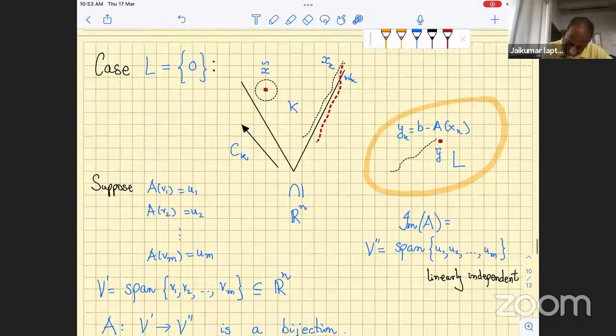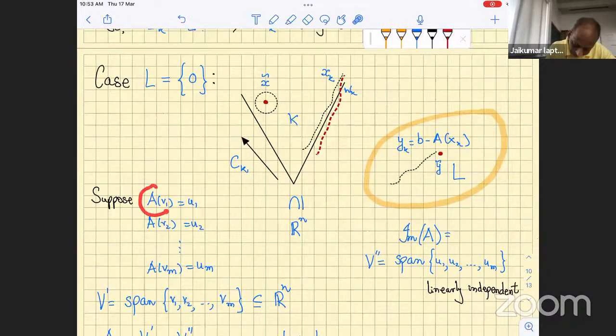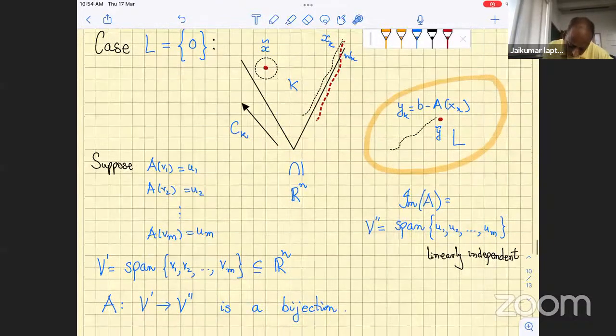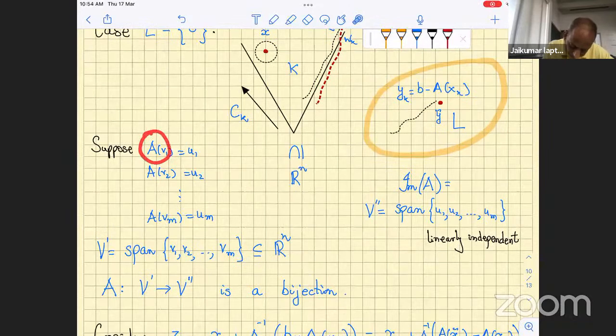So here's what we do. Recall that A is some linear transformation which maps things in Rn to this space, which may be some big space, maybe R capital N. But look at the image of this linear transformation A. As Kavita pointed out, the dimension of the ambient space could be very big.